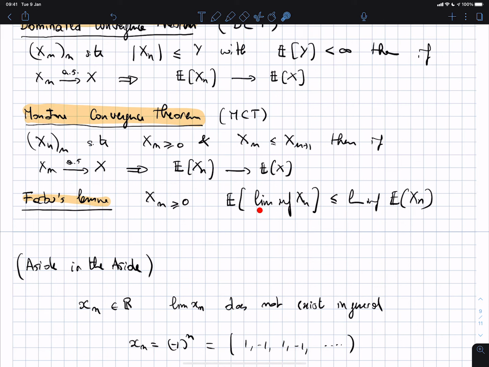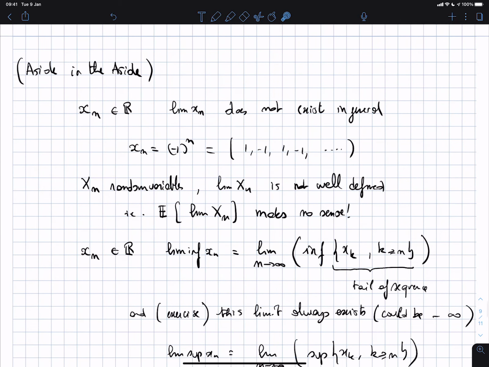You have to write either limit sup or limit inf. And if you take limit inf, well, then this is a well-defined random variable. It has an expectation, which could be minus infinity. And what we know is that this expectation here is always smaller than the limit inferior of this real sequence. And this is, again, a number which exists. Okay? Does that answer your question, Clara?